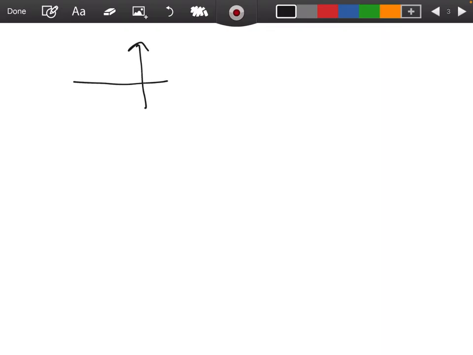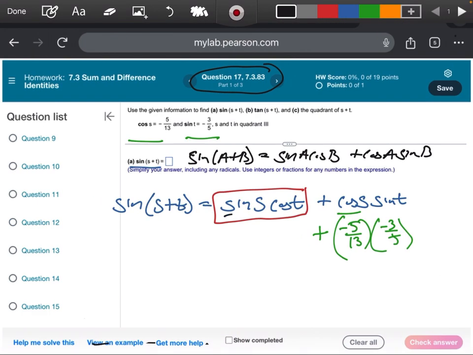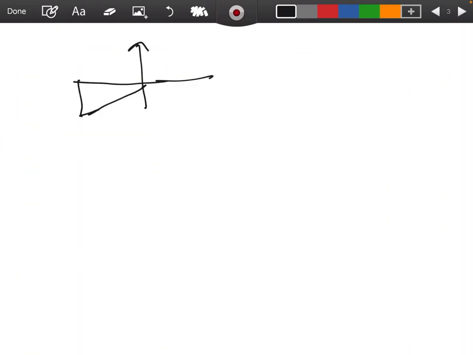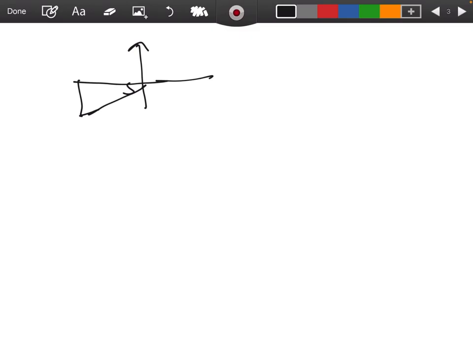Okay, it told us our angle, let's go with S first. We know that S is in the third quadrant, and we know the cosine is negative 5 over 13. So this here is a minus 5, and this here is a 13. We don't know our y value, so we can find that.